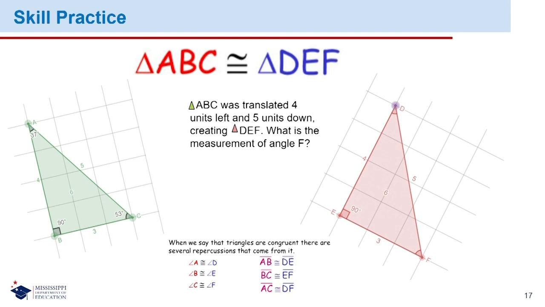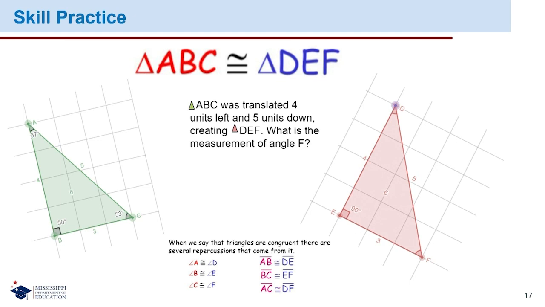Translated means that it will be a congruent figure, because translation is a rigid motion, meaning that my shape may slide, but the angle measures will stay the same, and so will the side lengths.